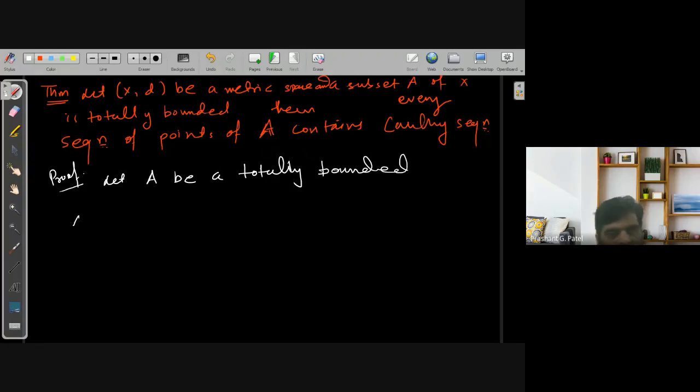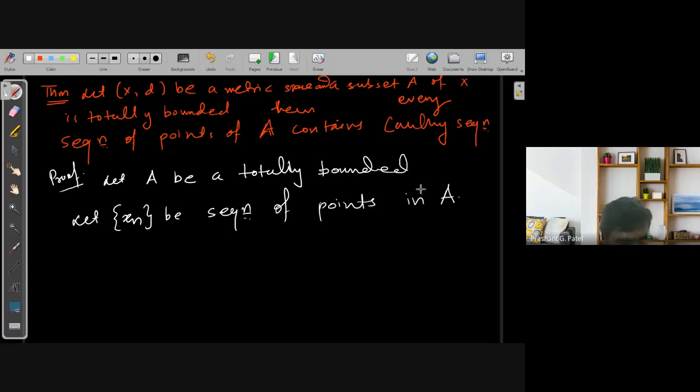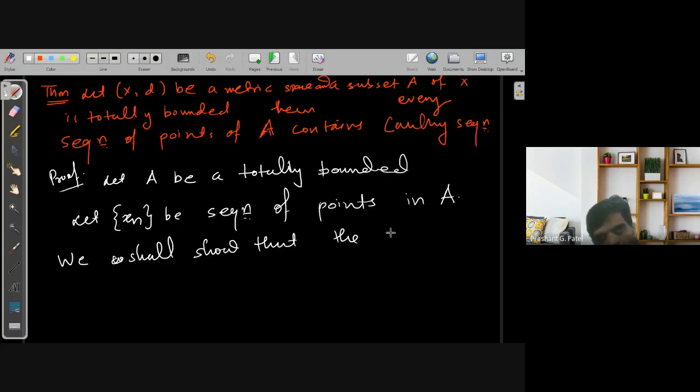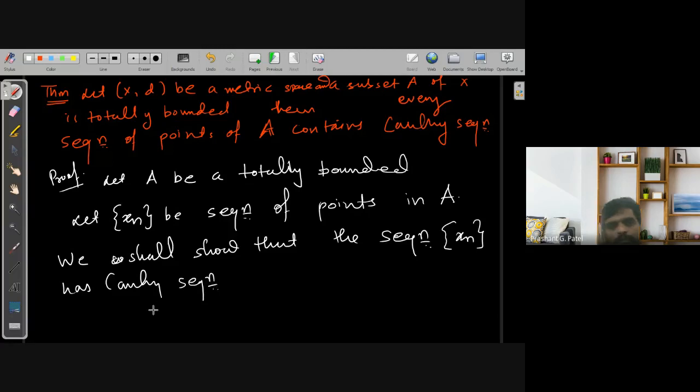So I will start with: let x_n be a sequence of points in A. What is our objective? We shall show that the sequence x_n has a Cauchy subsequence. That is our objective.